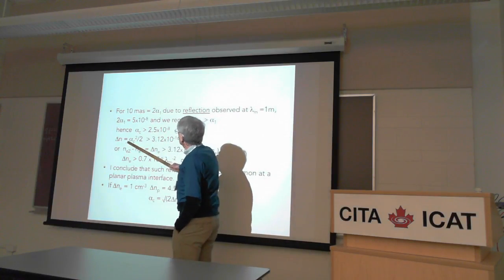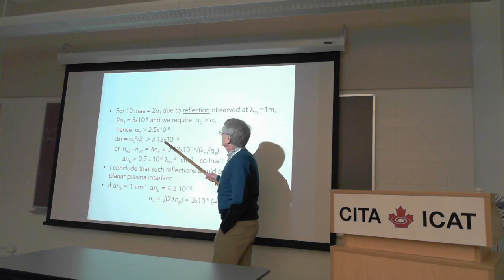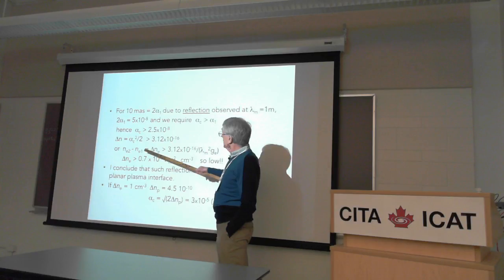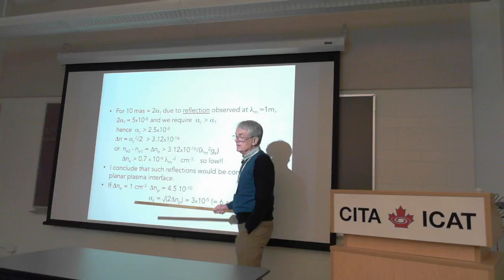Delta n alpha c squared has got to be greater than that tiny number. Turn that into a difference in electron densities, and it says the difference in the electron densities has got to be greater than 10 to the minus 6. Well, that's nothing. 5 minutes.